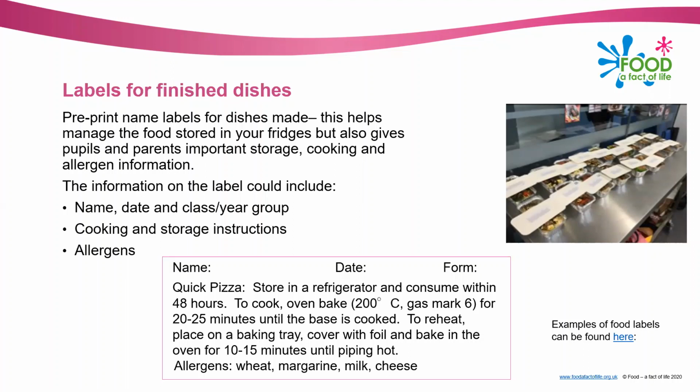So the label could contain name, date, class, year group, depending what's appropriate, cooking and storage instructions, and then also allergens. And if you've got older pupils who are making their own recipes, so not ones that you've directed, what I recommend is you produce some blanks of these that they can then fill out, and make sure that the information is on all of the food products that are made in school.